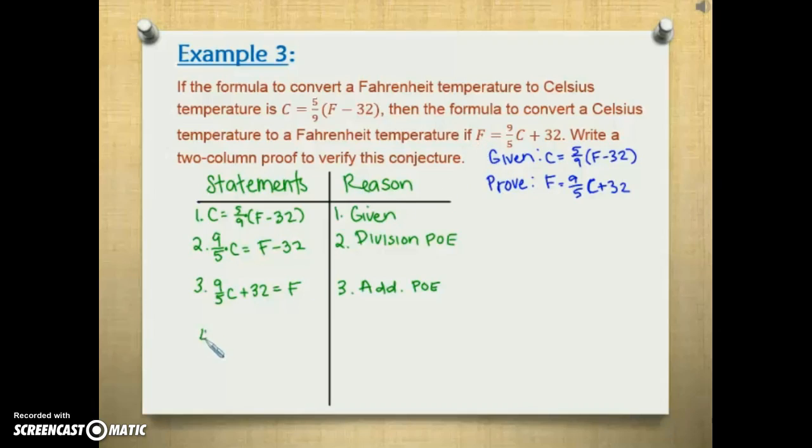So I can rewrite this as F equals 9/5 C plus 32 because of the symmetric property of equality, which says that you can flip it. As long as you don't change anything about it, you don't change any of the signs, you can still flip it. So I am done. I have just proved that the equation for Fahrenheit is this right here, and I have justified each of my steps.